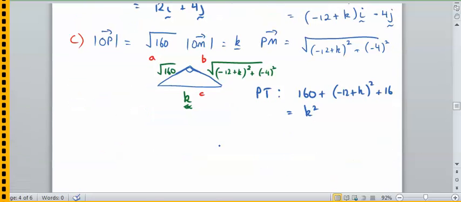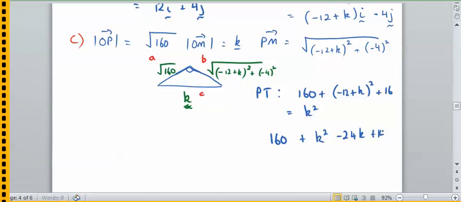Now, if you can't expand your brackets, you'll just mess up. You really have to get good at this. We know that's going to be a k squared, and we've got negative 24k out of that. And then we're going to have a 144, plus 16, is equal to k squared.